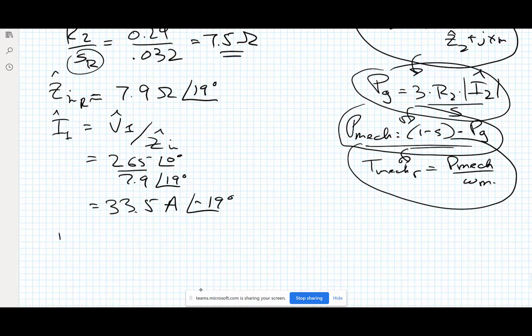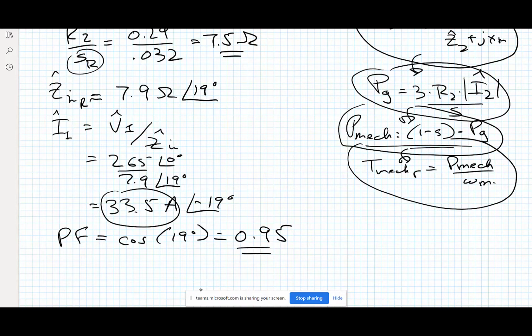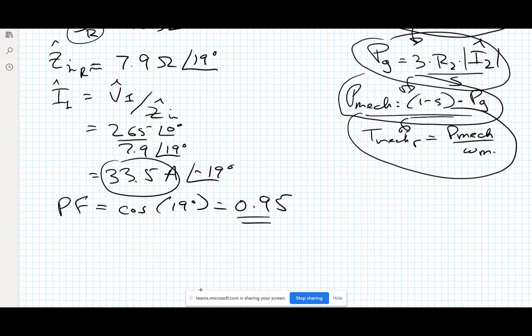So there's my line current. My power factor is cosine of 19 degrees, which is 0.95.